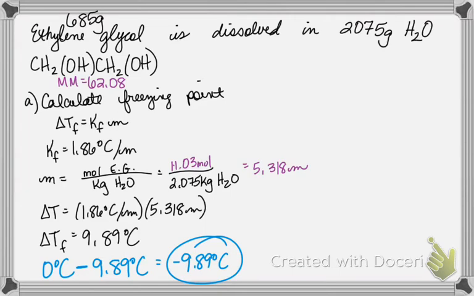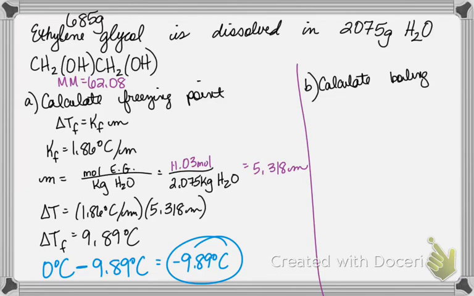Okay? Now, let's use the other half of this screen then to calculate the boiling point of this. Okay, delta TB is equal to KB times m.